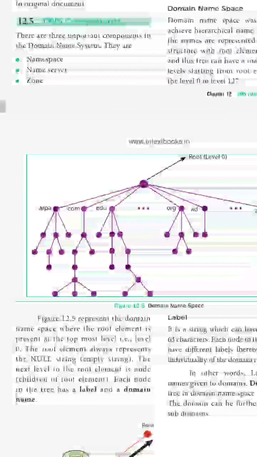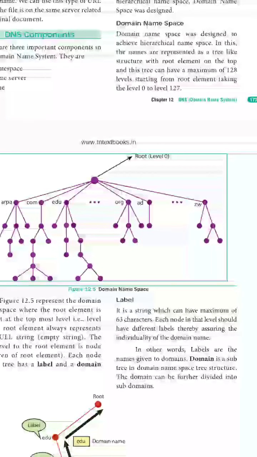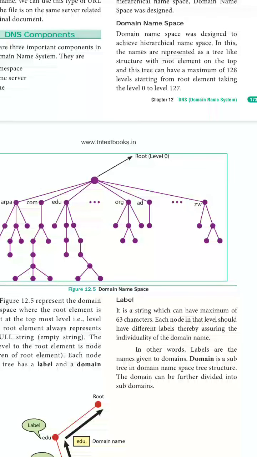This diagram, figure 12.5, shows the different levels of the domain namespace. This space is used to group the sites according to the levels. Educational sites are in the education level, organization sites in the organization (org) level. So at each level there are particular sites.